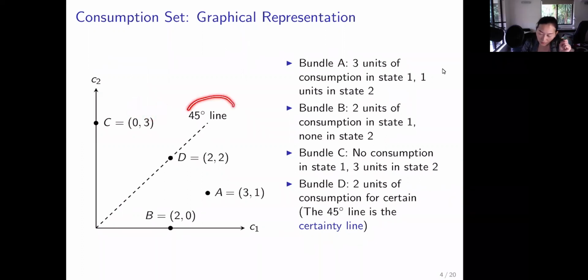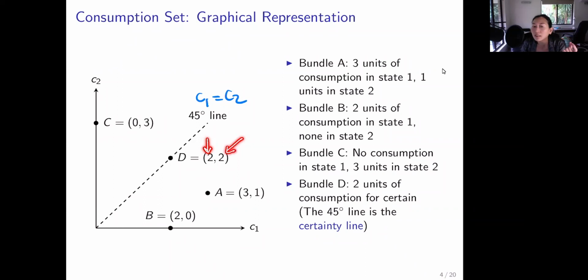Now, along the 45-degree line, we know that C1 must be equal to C2. At any point here, C1 is equal to C2. If I pick point D, 2, 2, and I end up with state 1, I get 2. If I end up with state 2, I also get 2.